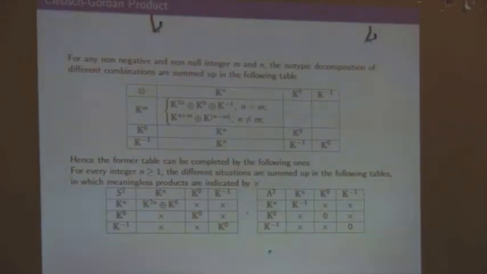But if my product here was not symmetric, just a standard product, I would have K0, K2 and K2, K0. I think it's a nice way to see it.